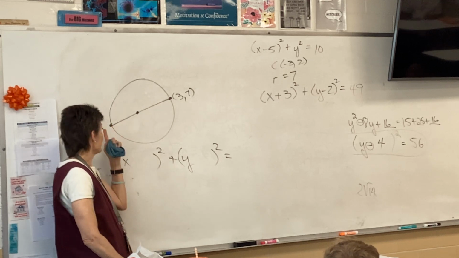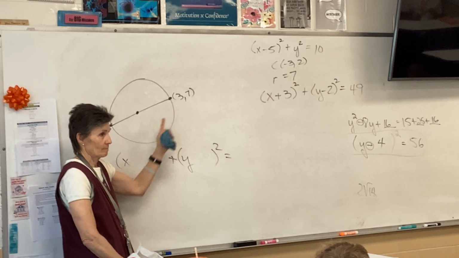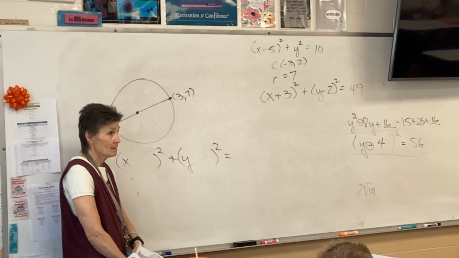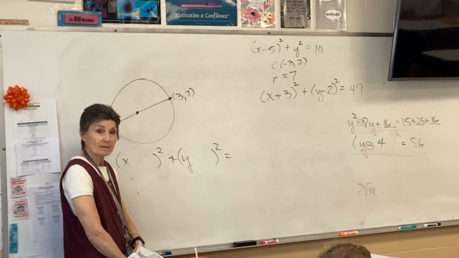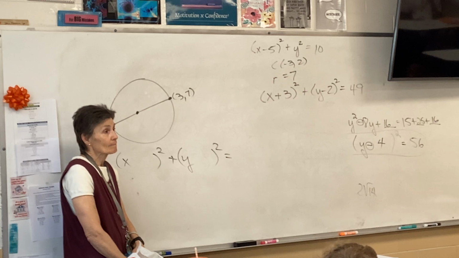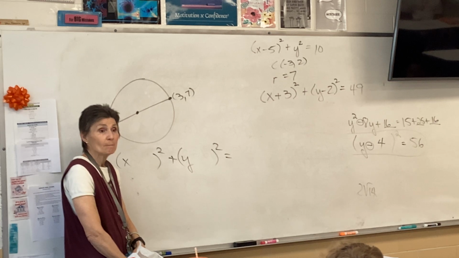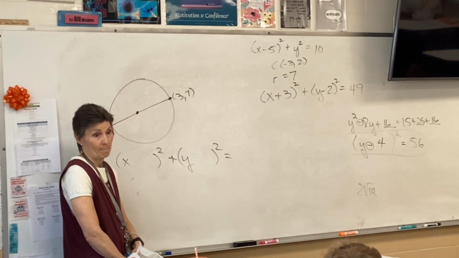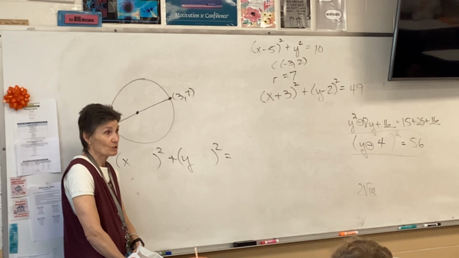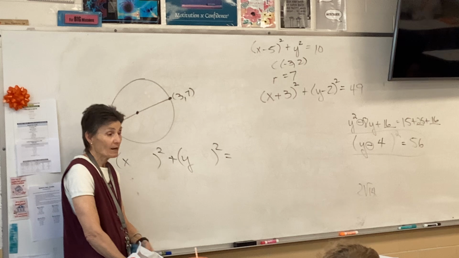And what's its relationship to these guys? Right, smack dab in the middle? So isn't that the midpoint? How do we find midpoint? X minus. It's the average. We just average. How do you average?